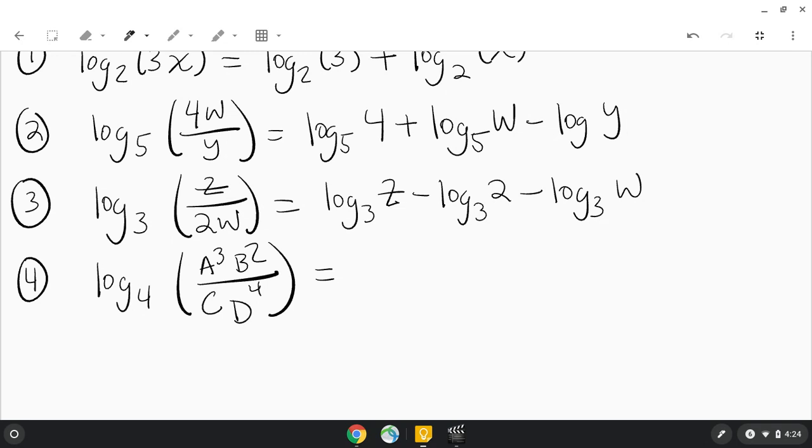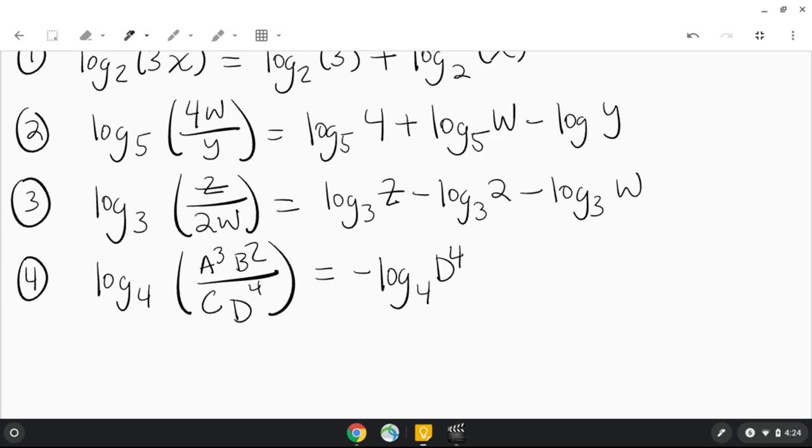If I decide to mix them all up, and I do d to the 4th, since that one's in the denominator, it has to be negative.